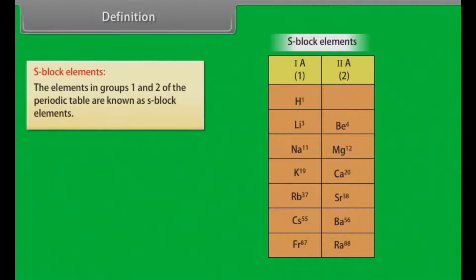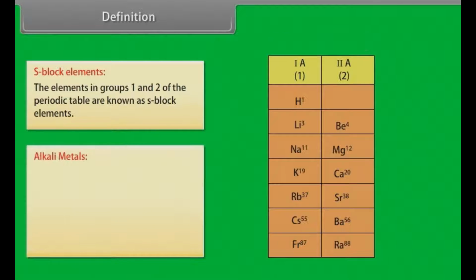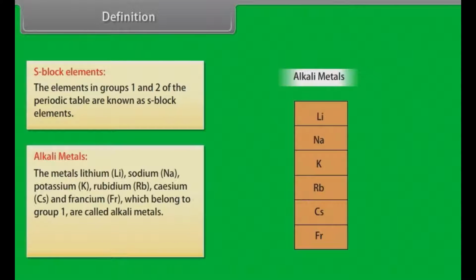Definition. s-block elements. The elements in group 1 and 2 of the periodic table are known as s-block elements. Alkali metals. The metals lithium, sodium, potassium, rubidium, caesium and francium, which belong to group 1, are called alkali metals.